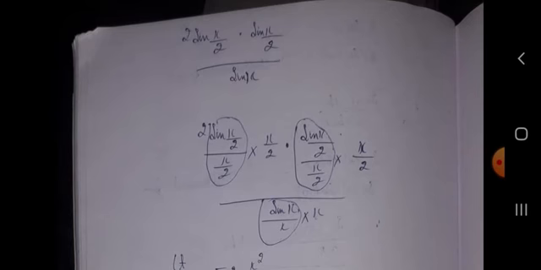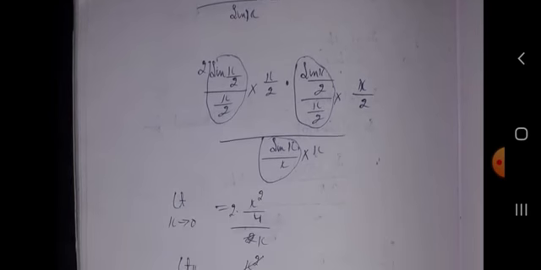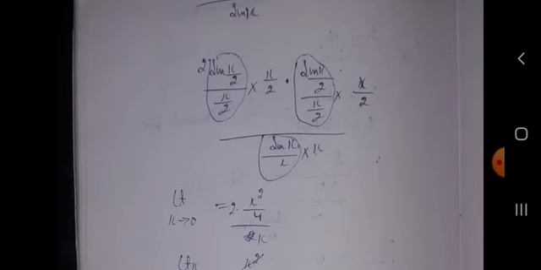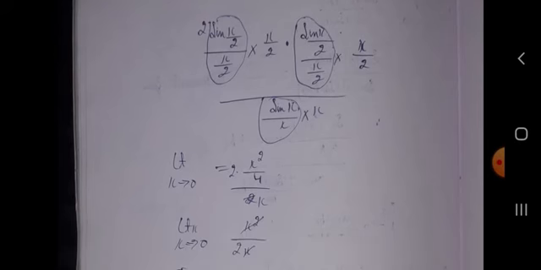And here the 2 sin x by 2 we can take as sin x by 2 into x by 2. Because of the square, x by 2 squared, 2 into 2 will be 4, so it becomes 2 into x square by 4.